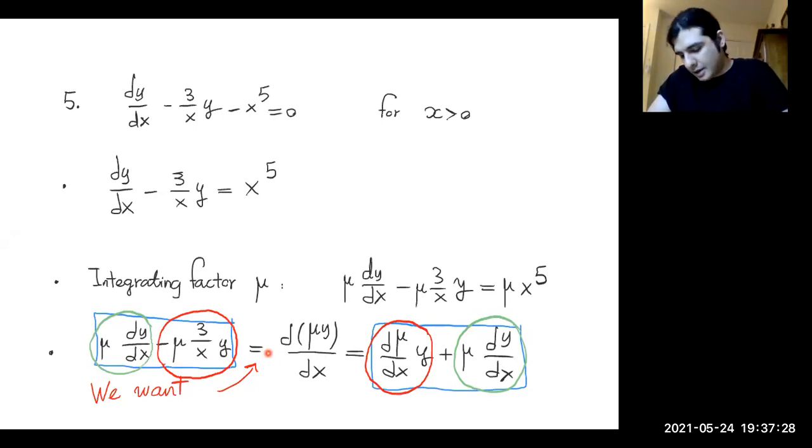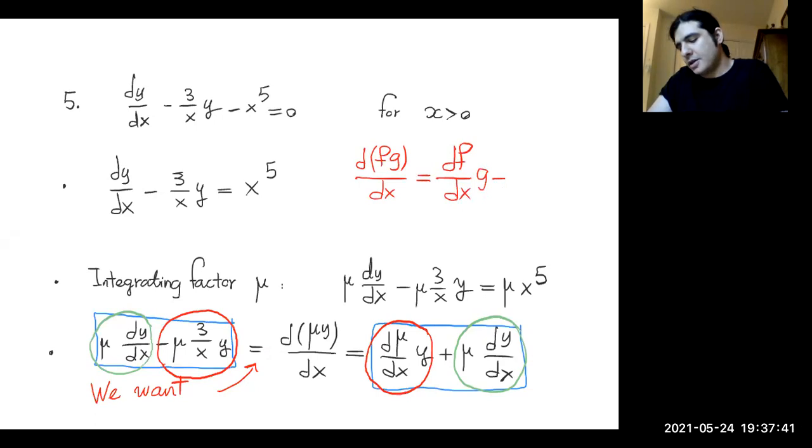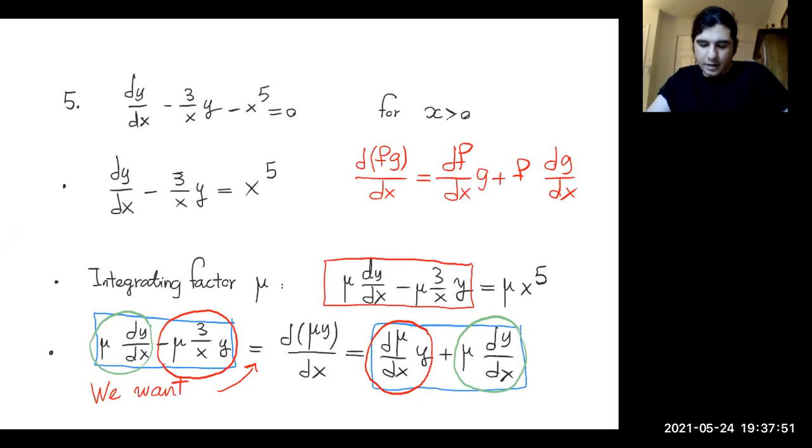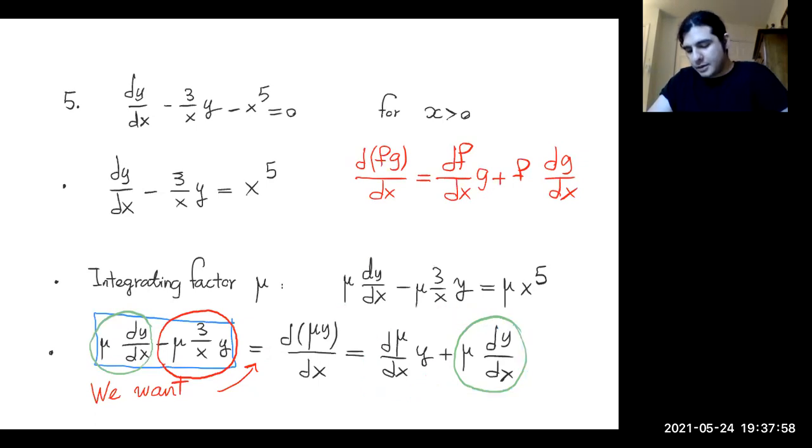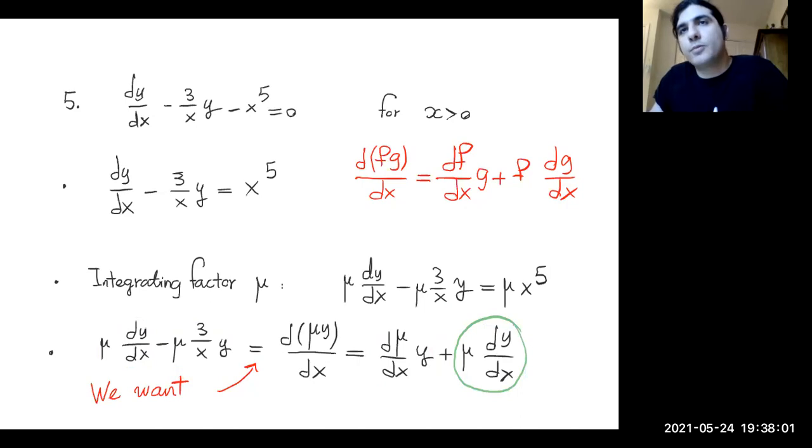Again, remember the product rule tells us that if we multiply f and g and we take derivative with respect to x, it's like taking derivative of f with respect to x times g plus f times derivative of g with respect to x. So I kind of wanted to do the same thing with the left-hand side here. I want it to be equal to derivative of mu times y. This is what I want.